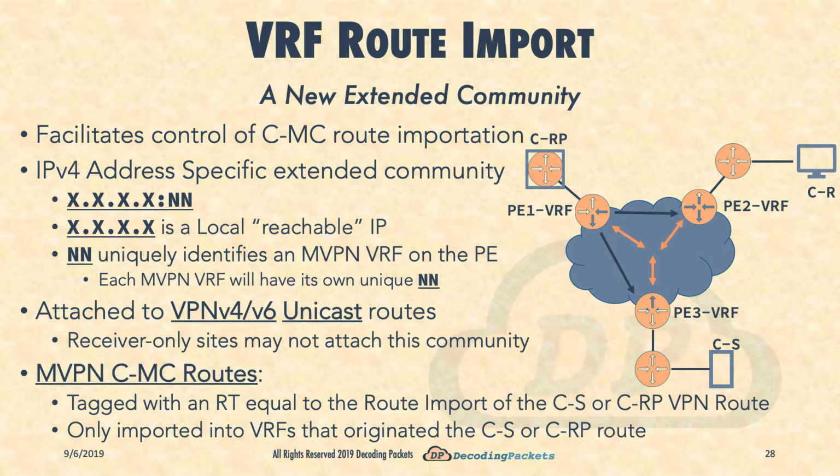This is why you might be able to see, at least in theory, the receiver-only sites or the MVPN sites that are not supposed to have any sources, why they never tag their unicast routes with route imports. This essentially ensures that the C-Multicast messages cannot be created towards any addresses in these sites, and in fact they become true receiver only. They're forced to be true receiver only.